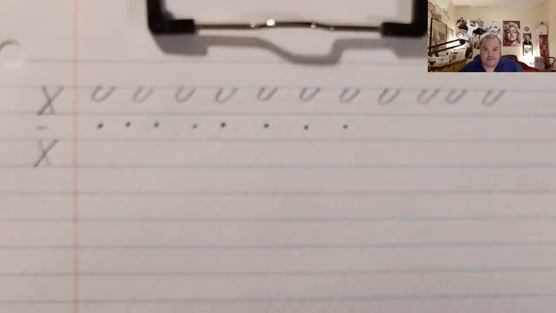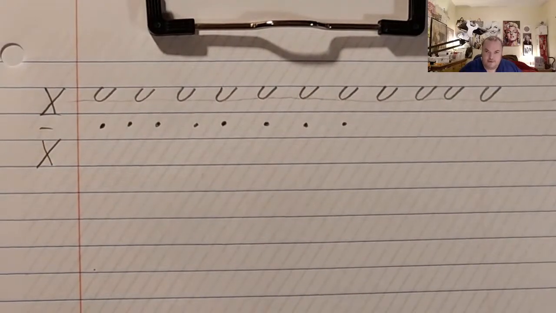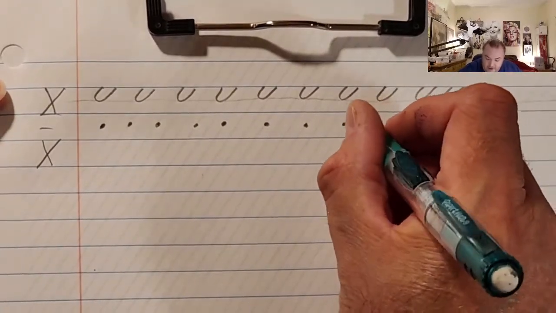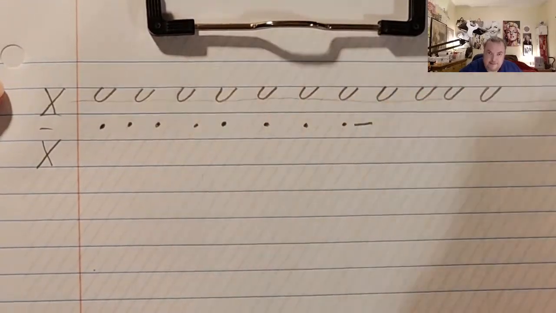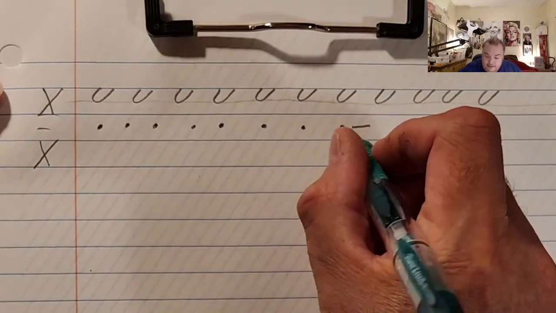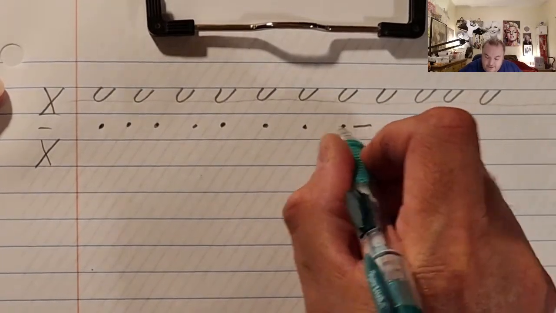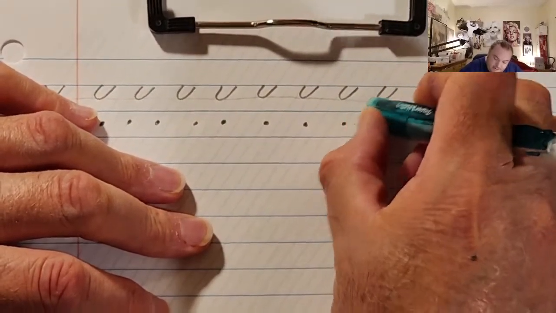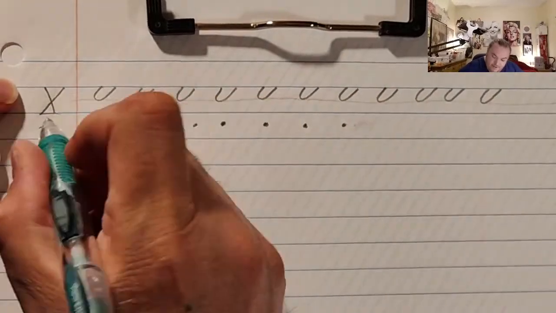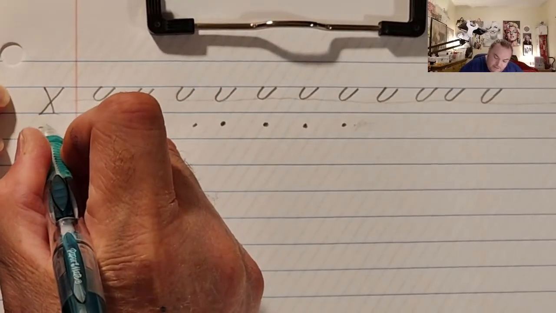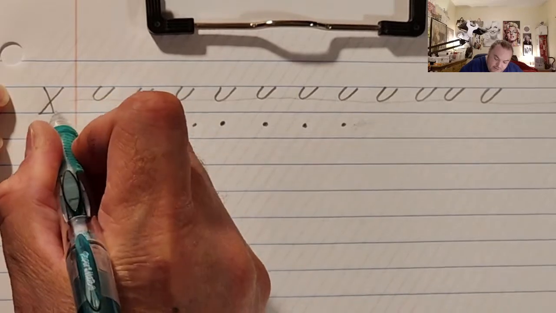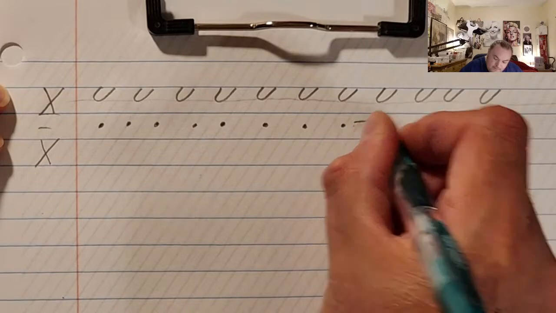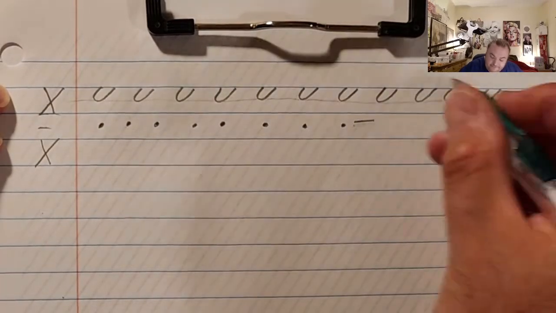Okay, the last little thing that we need to learn is the dash or the cross. It looks like that. Now, relative to the tittle, it goes at the space between the first ascender and the second ascender. So it goes there.